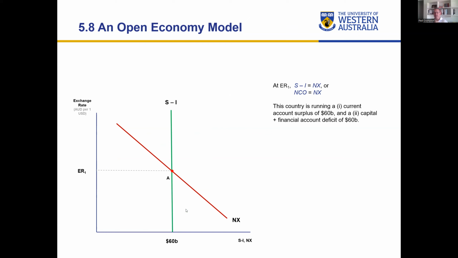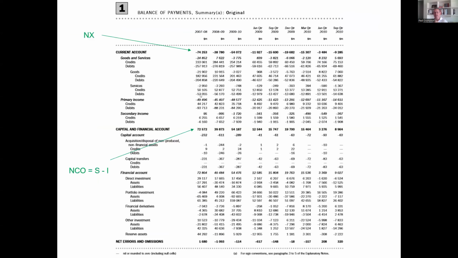So the value of NX would be minus 74 billion. That's what it says down here, or up here at the top. But then we've got minus 74 billion here as well. I know it's not minus 74 billion, but it's close enough. So we've got positive 74 billion down here.